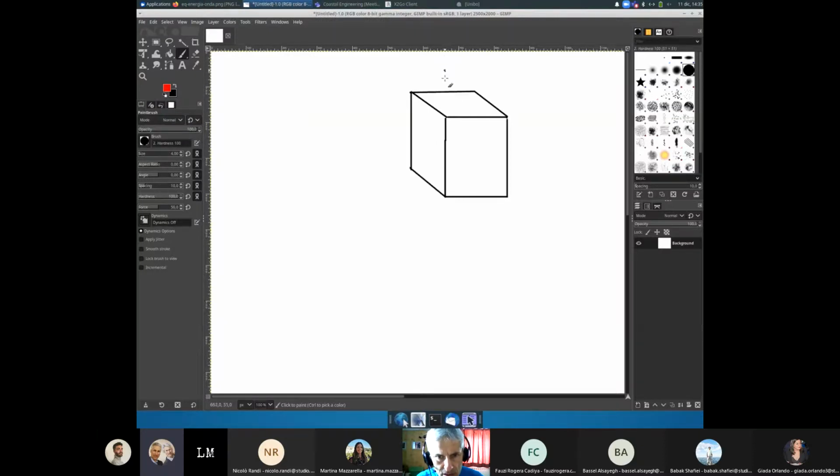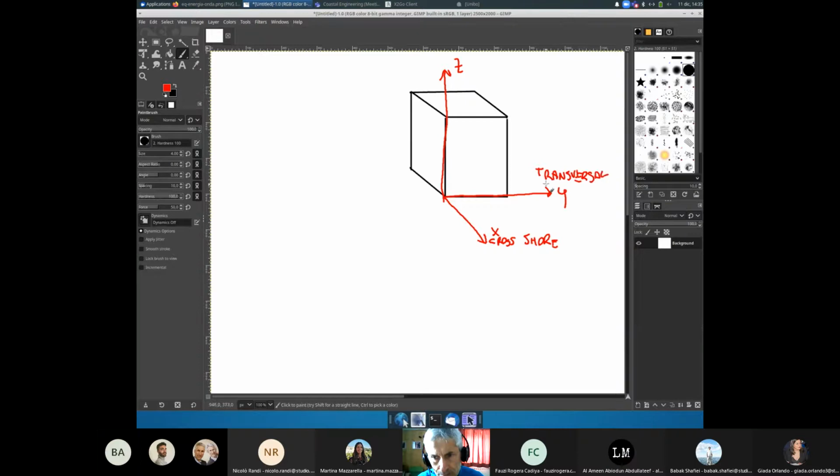This is Z, this is Y, and this is X. And in particular, this X is the cross-shore direction, cross-shore. And this Y is the transversal direction. Transversal direction, okay.